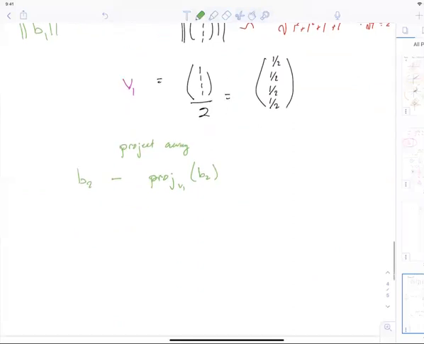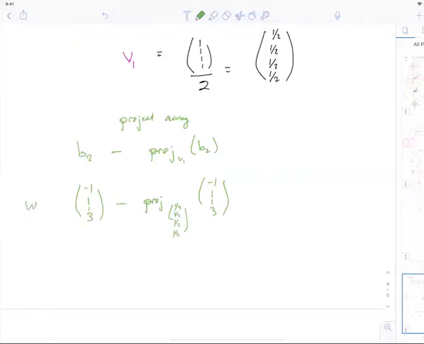For the concrete vectors, this is -1, 1, 1, 3 minus the projection of -1, 1, 1, 3 onto V1, which is now 1/2, 1/2, 1/2, and 1/2. It's just a matter of computing this, and this is going to give us a vector W2. That W2 is the vector that's orthogonal to V1, but not necessarily normalized. And then we'll just normalize it.